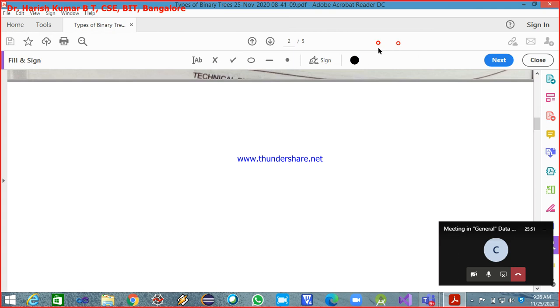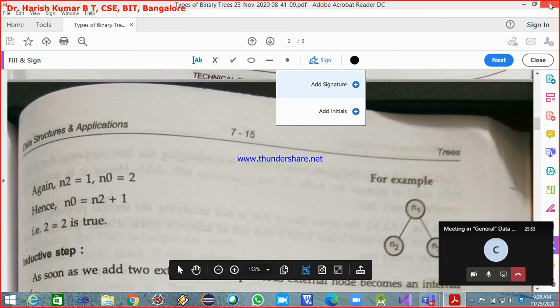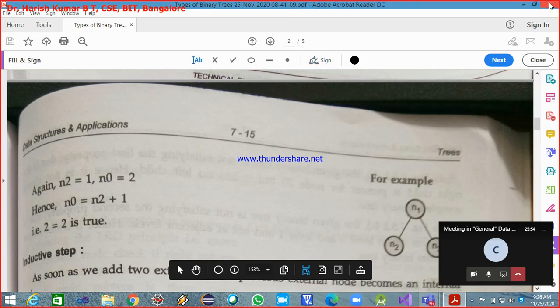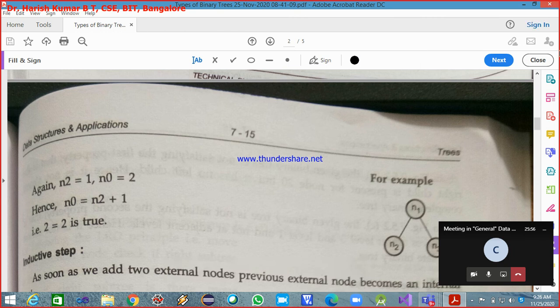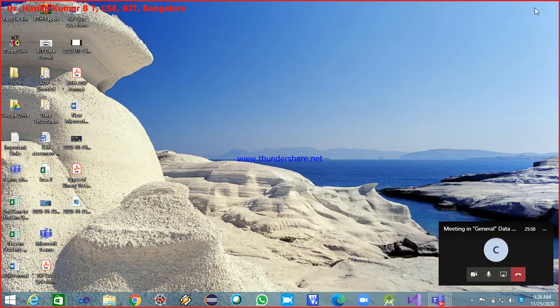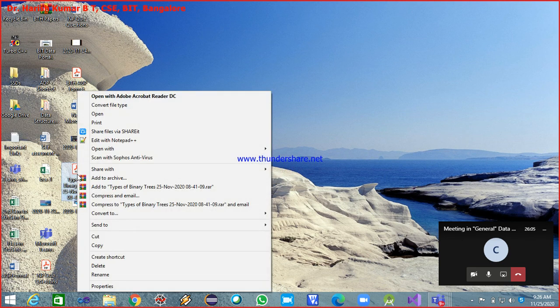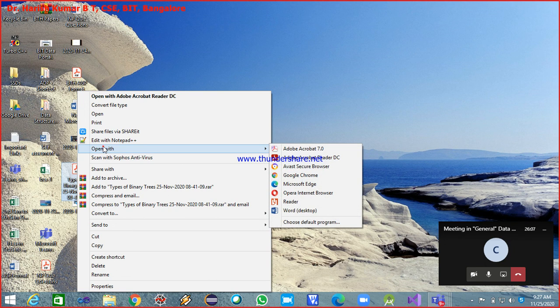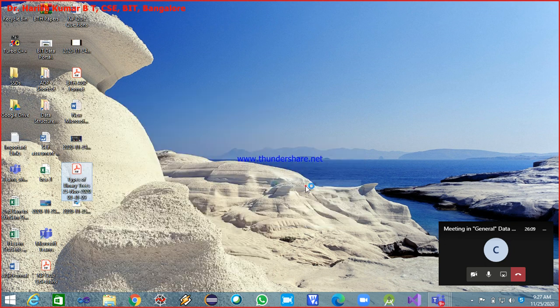Now if I open it in this, I cannot write. One second. Let me close and open it. One second. I'll open it in Microsoft Edge.